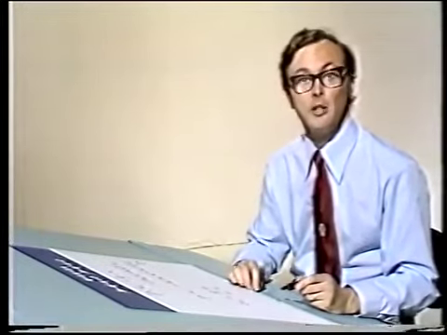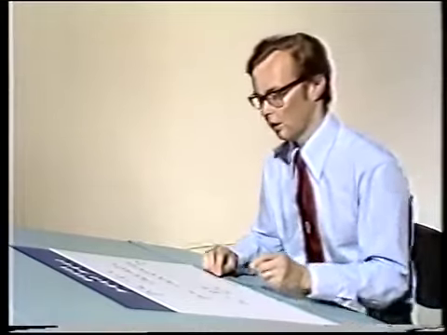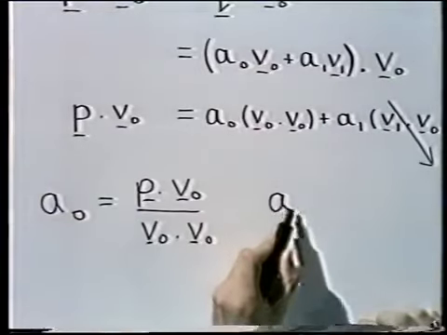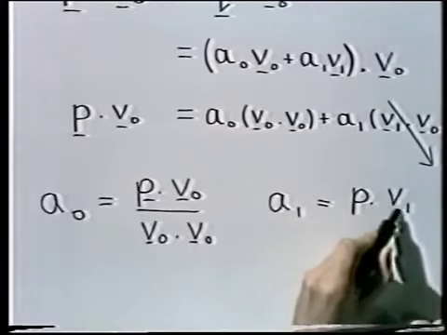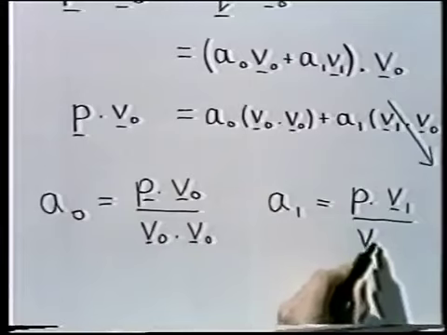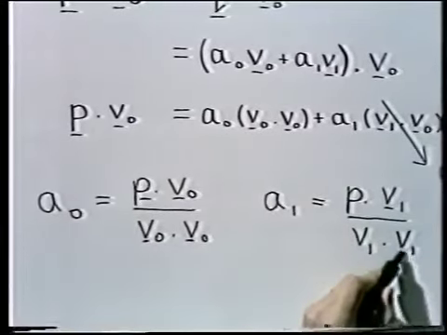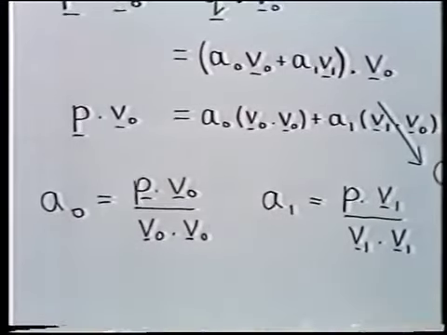And the obvious thing now to do is to look at the second orthogonality relation, and that'll give us A1. We can go through the same sort of calculations, and we end up with a very similar answer. What we get, in fact, is that A1 is equal to P dot V1 this time over V1 dot V1. A very similar sort of equation.